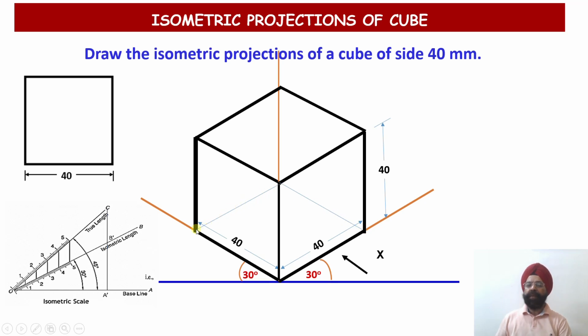Unlike in the projections of solids, where we used to show the hidden lines for those edges or surfaces which were not visible to us, in isometric projections there is no place for hidden or dotted lines. So any edges which are not visible, we can show for the purpose of construction using a thinner line or a construction line.